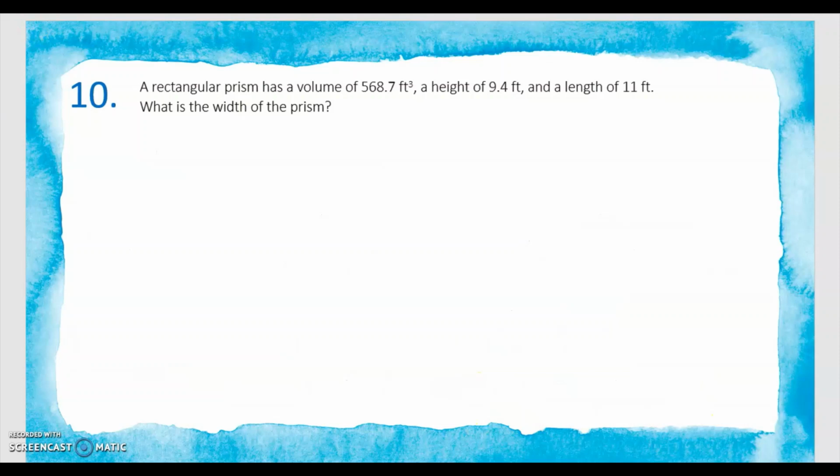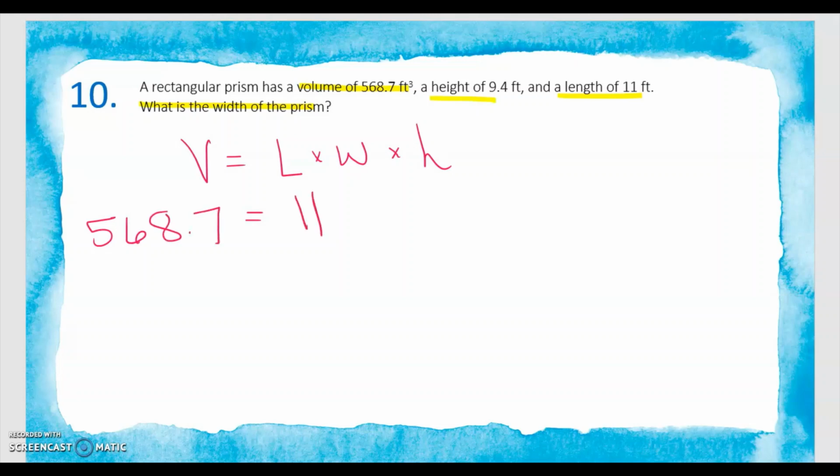And then number 10, a rectangular prism has a volume of 568.7 feet cubed. Here's the height, here's the length. What is the width? So we know our formula, length times width times height, 568.7. Length is 11.